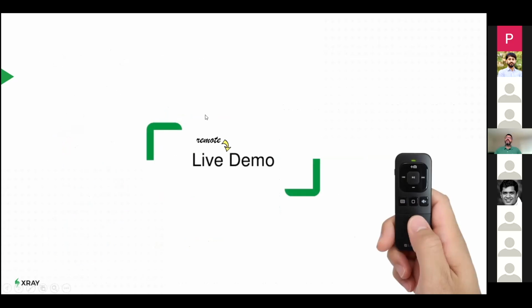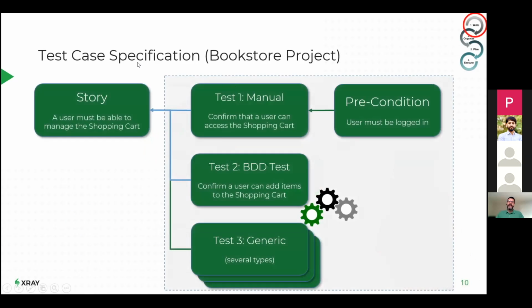So let's go straight into the live demo. I've added the remote demo here because we're not in local here. So let's dive into it. For this, I'll be using my standard bookstore project, which I did last year, but this time I'll be using the cloud to show this, where I have a story that I've already added a couple of tests to.